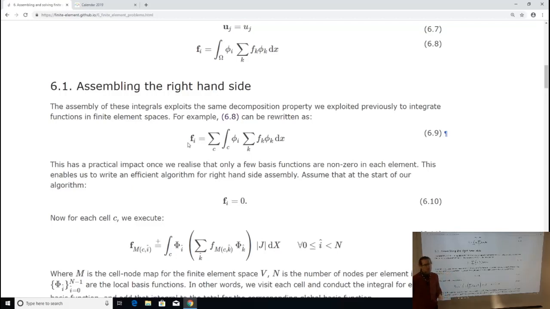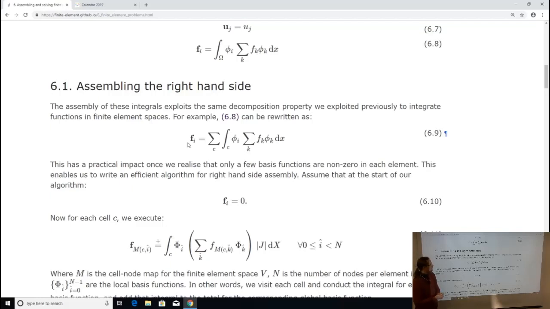What we do is we visit each cell and we make a contribution to all of the degrees of freedom that touch that cell and add that into the corresponding bits of the vector. And so we visit each cell once, and when we've visited each cell once, we've built all of F.